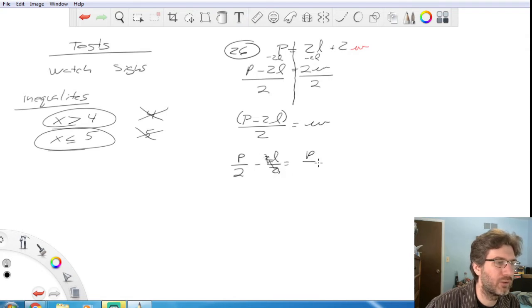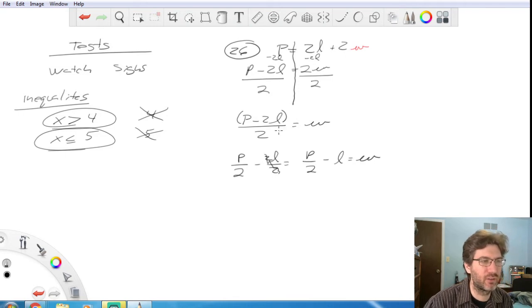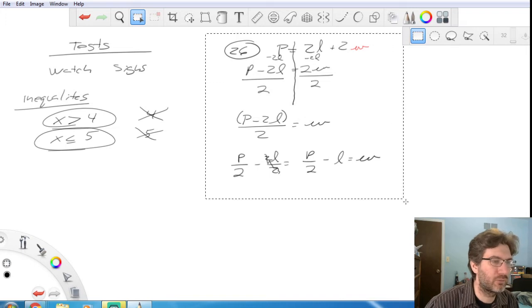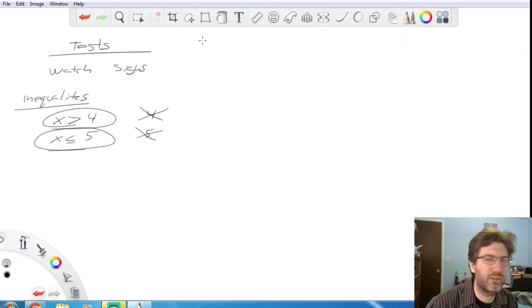So this would be P divided by 2 minus L equals W, which is probably the preferred way of writing it. But I didn't take off points if you got this far. Just watch how you type things in. The other one that was giving some trouble was the one after that, which was 27.